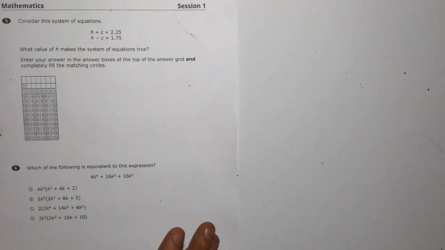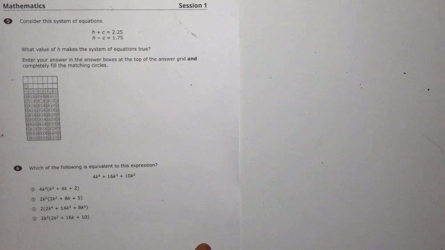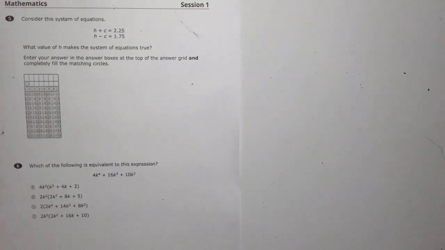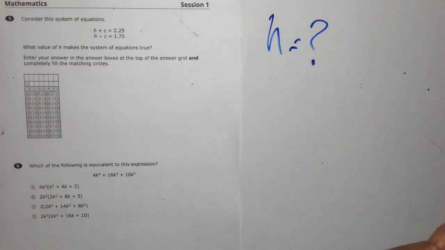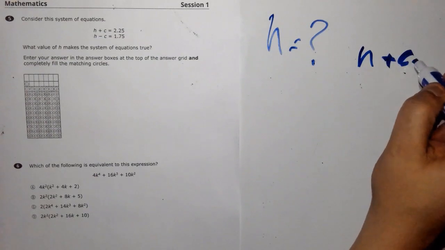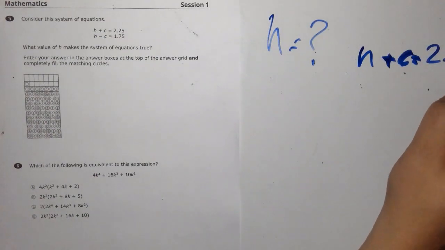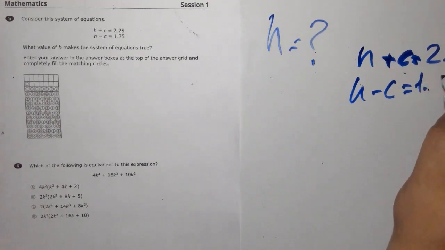Next question, number 5: consider the system of equations. What value of h makes the system of equations true? Which means, what is the value of h? I have h plus c equals 2.25, and h minus c equals 1.75.